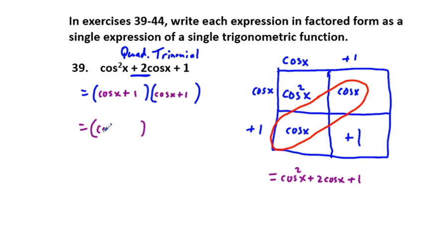Since these are both in the form of a linear binomial, we can write this as a square: quantity cosine x plus 1 squared.